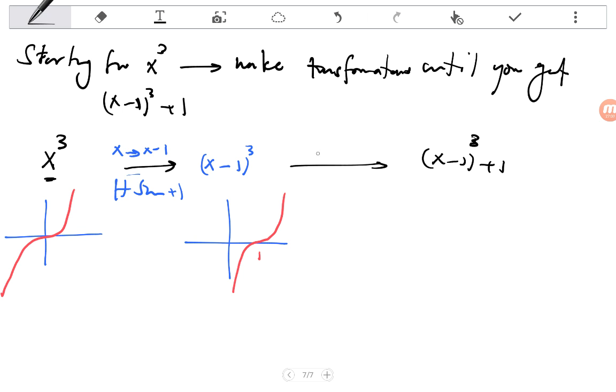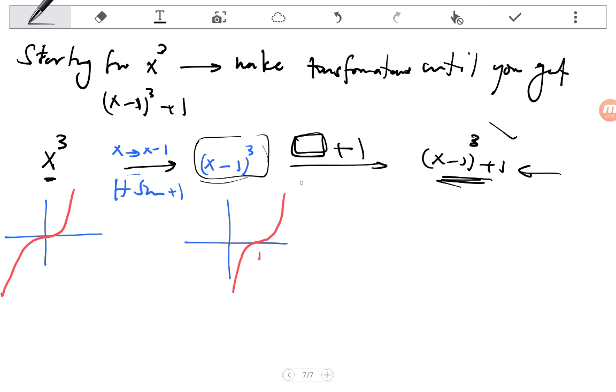How would I get this? I will take the whole function and make it plus 1. The whole function, in the box, plus 1, gives me the required output.